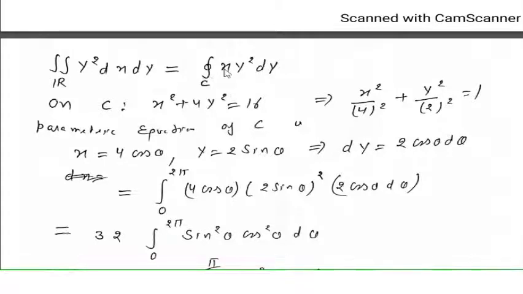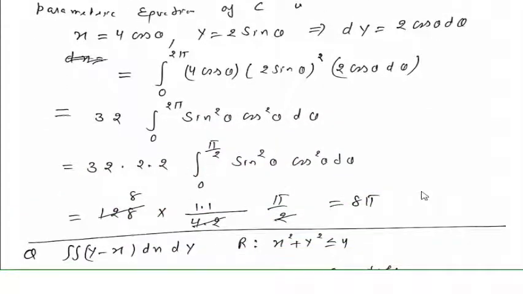Unless you are ready with a single variable inside, you cannot integrate. First of all, you have to convert everything in terms of one variable. So we use the parametric form, we converted everything in terms of theta, and thereafter integrated, we get the final answer. Here we apply the symmetry property: 2 minus 1 is 1, 2 minus 1 is 1, and 2 plus 2 is 4, 4 minus 2 is 2. Both are even, 5 by 2.